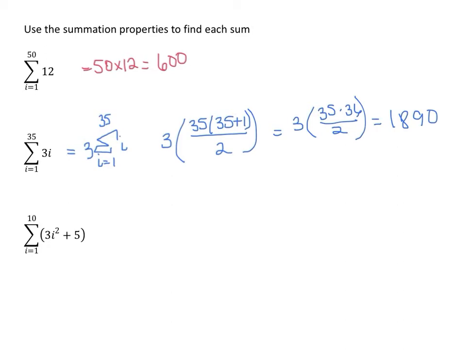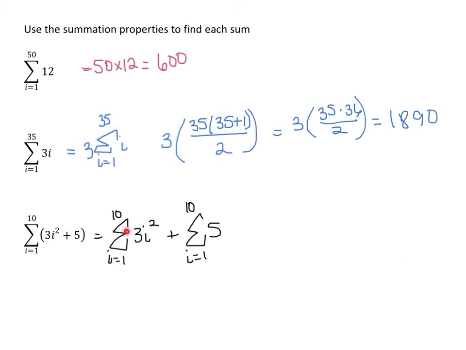The last example is using 3 different rules. The first thing that we notice is that these are being added together, so we're going to start with that. We're going to say, okay, well, I need the sum from i is 1 to 10 of 3i squared plus the sum of i from 1 to 10 of 5.